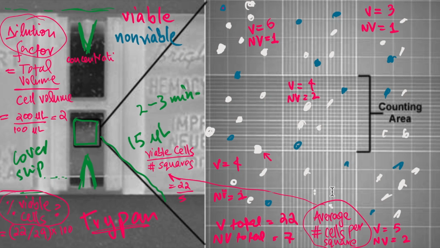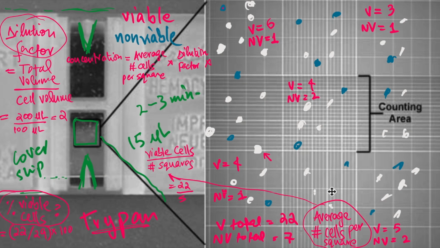So concentration is basically a product of the average number of cells per square, which we computed, multiplied by your dilution factor, multiplied by your volume in each square.